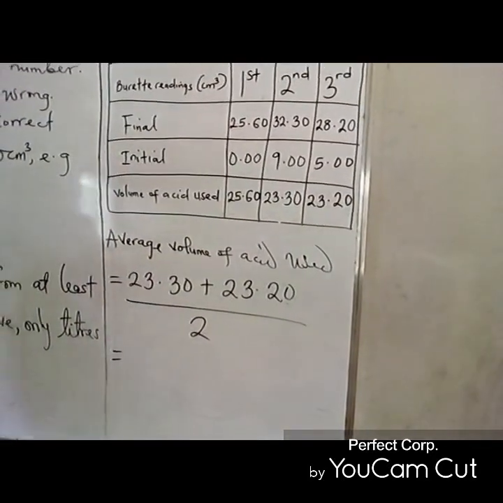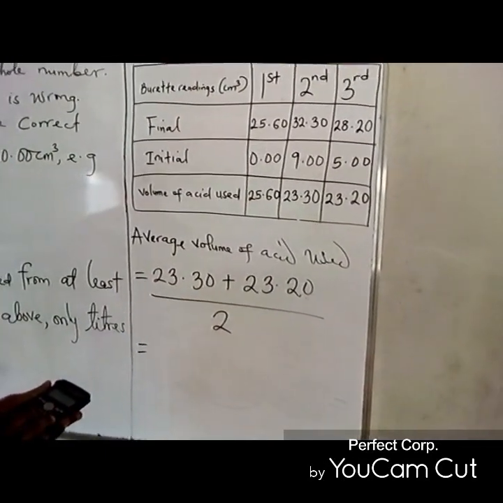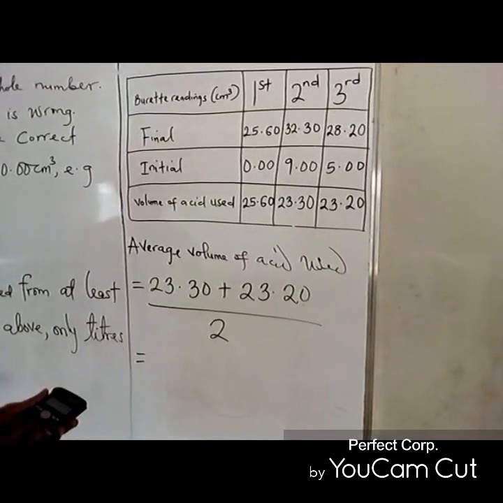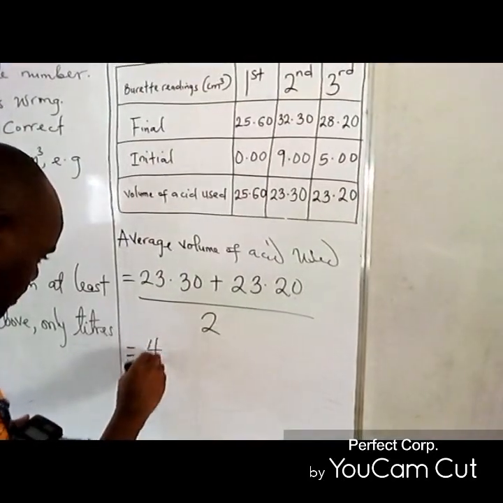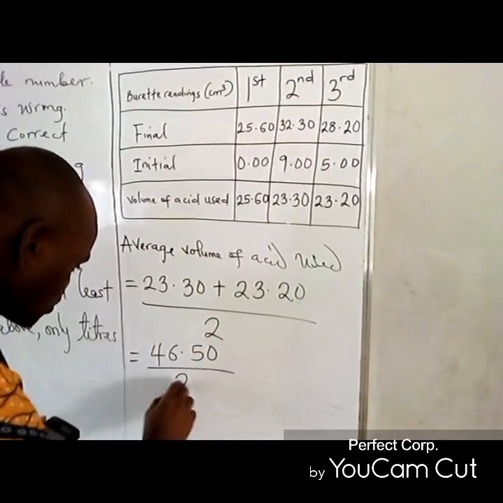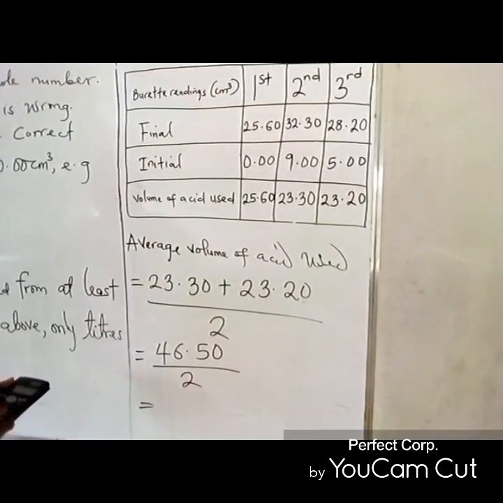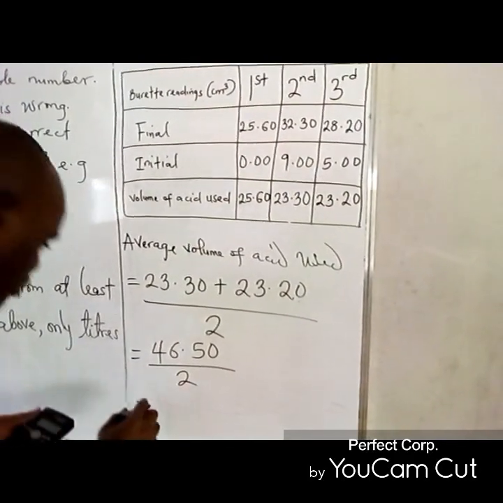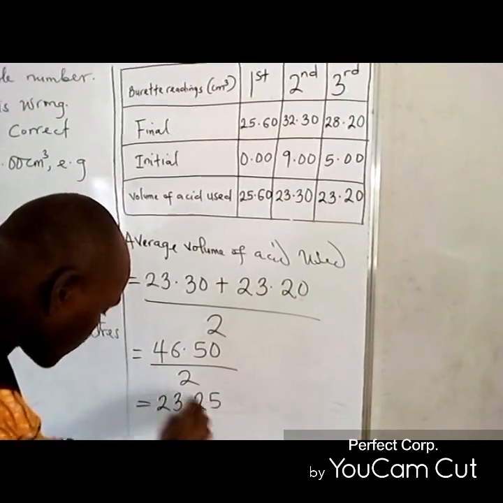Let's see the answer. 23.30 plus 23.20 will give us 46.50, divided by 2 is equal to 23.25.